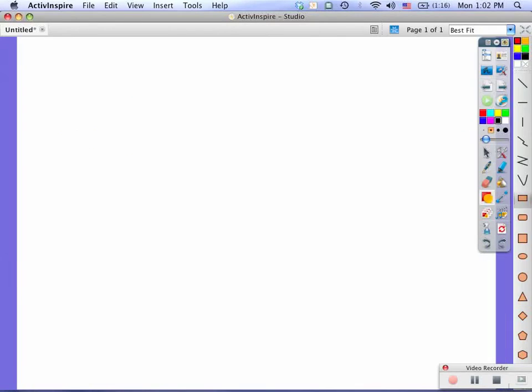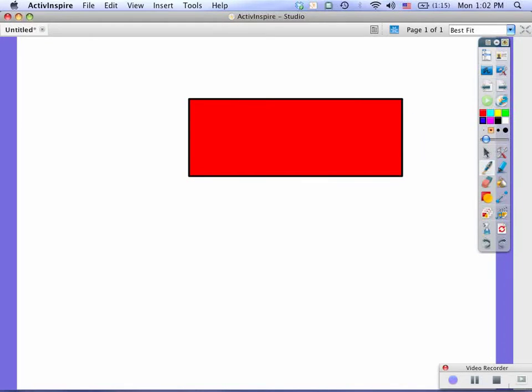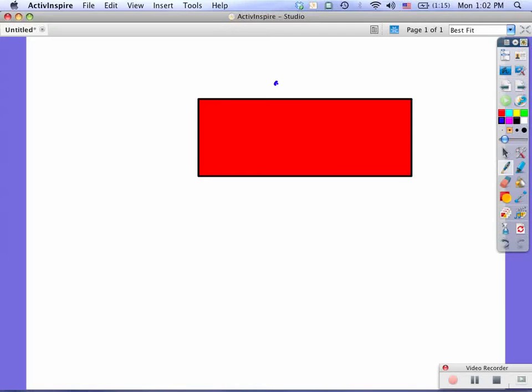So, I have a shape, and this side is 24 feet, and this side is 10 feet. How would I figure out what the perimeter is? What you do first is you do 24 times 2. And then you do 10 times 2.